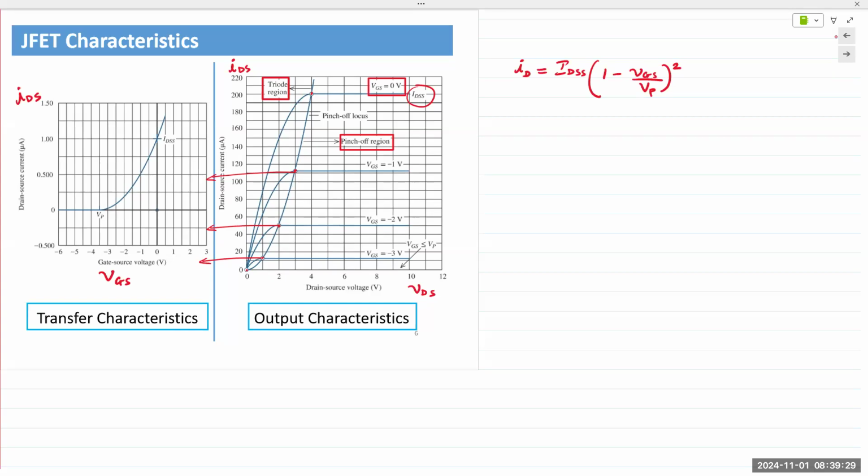And IDSS, as I said, comes from the manufacturing process. It is given by Kn over 2 times VP squared. Kn is known as the transconductance factor. And again, that comes from the manufacturing process.